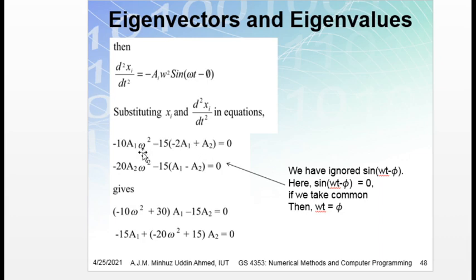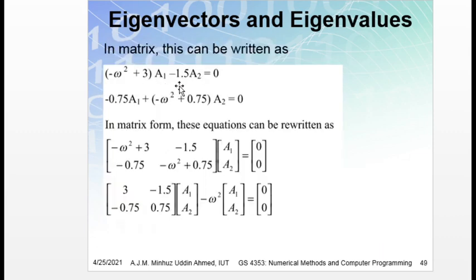Finally, if you rewrite these with the coefficients of A1 and the coefficients of A2, you get something like this. And if you write this in matrix form, you can write it like this: minus omega square plus 3, minus 1.5, minus 0.75, minus omega square plus 0.75.